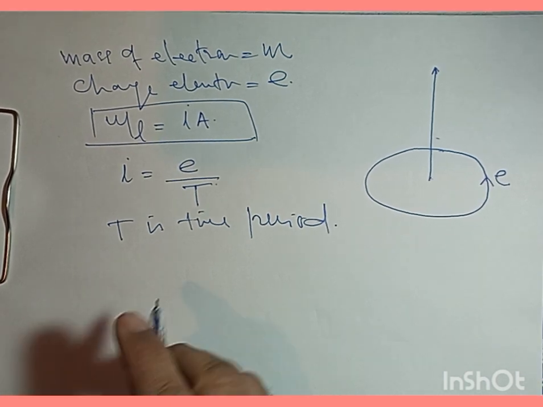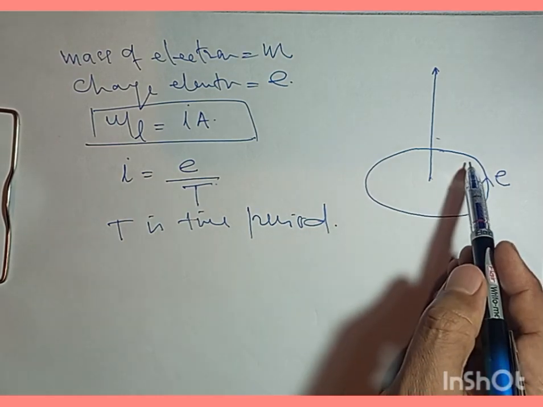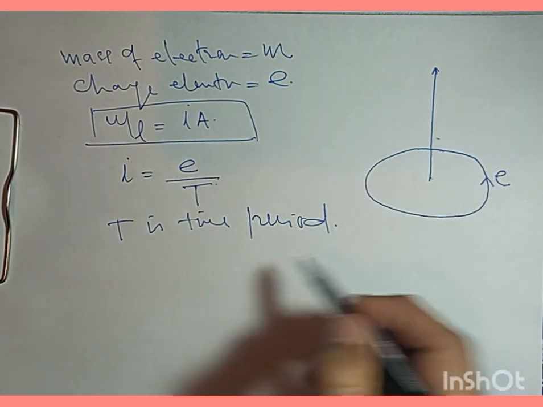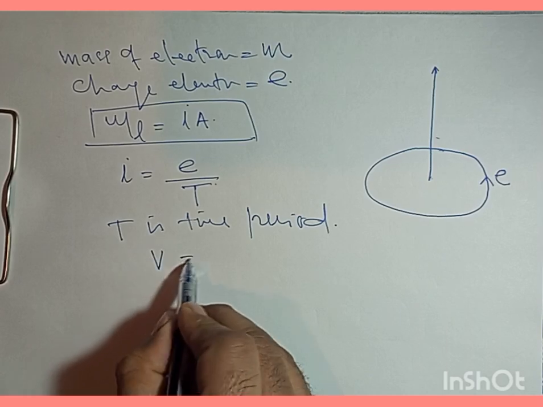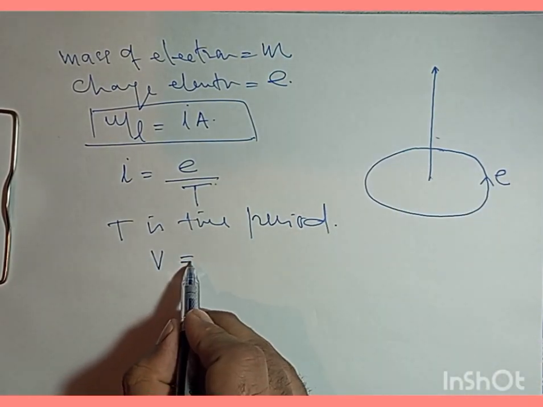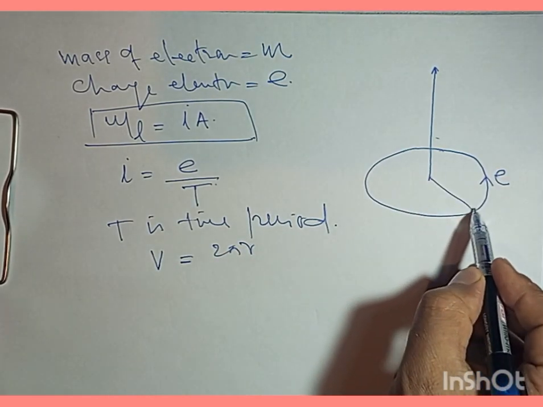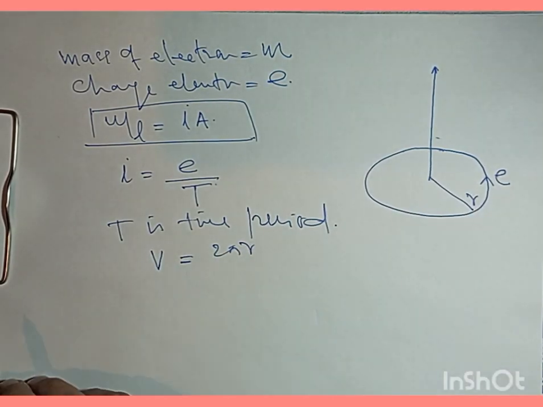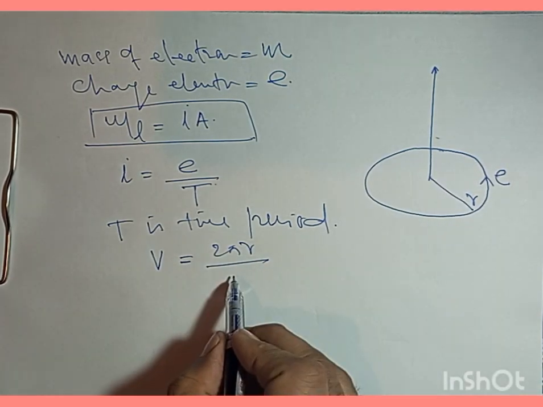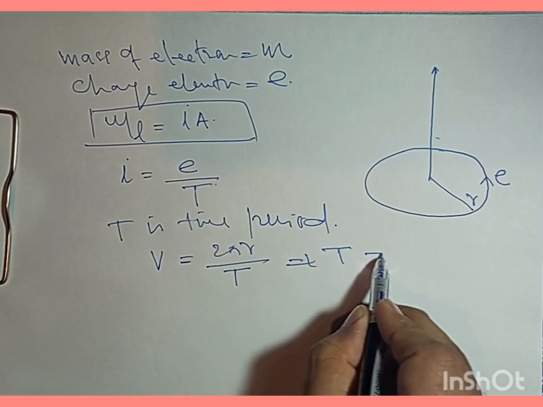So if I move a little bit further from here, now I have this electron revolving, and it has a speed, and that speed is the distance that it travels in the whole cycle. That distance is simply 2 pi r, if I assume that r is the radius of this orbit. The time that it takes to complete that loop is T. So what is the time period?